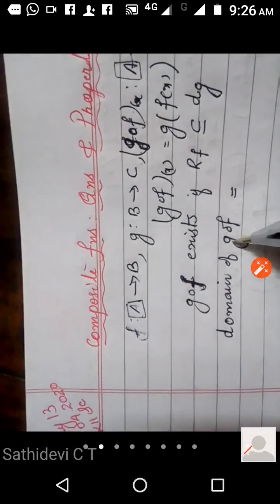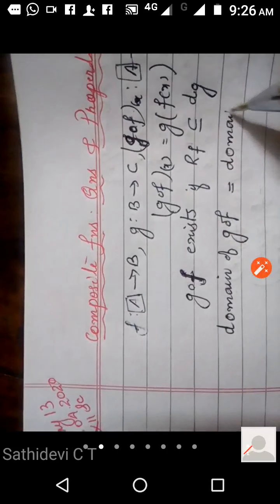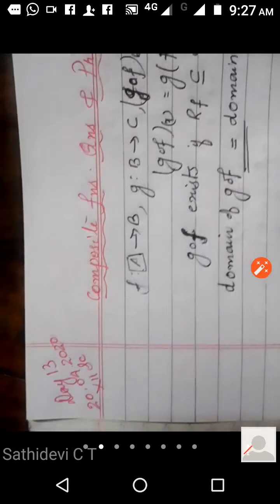So the domain of G composite F is the domain of F itself. These 2 points you need to remember while dealing with this topic.